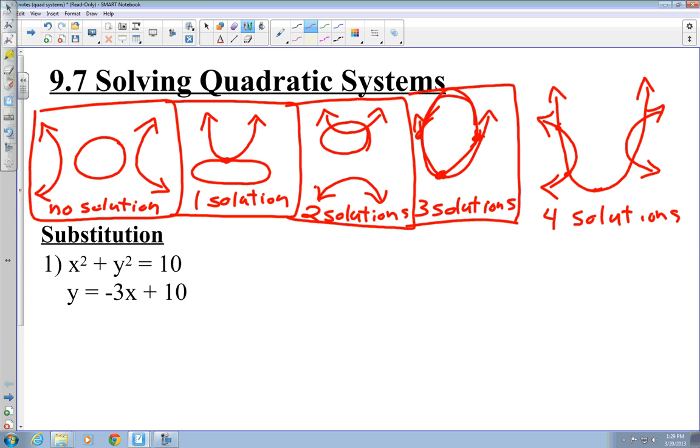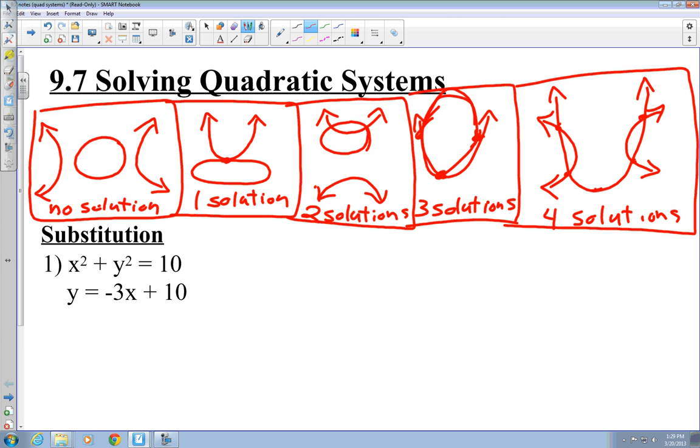One, two, three, four. And of course, those are just examples. You can mix and match all your different shapes together and get different ways. But on the problems you're going to work on today, you can have anywhere from 0 to 4 solutions.